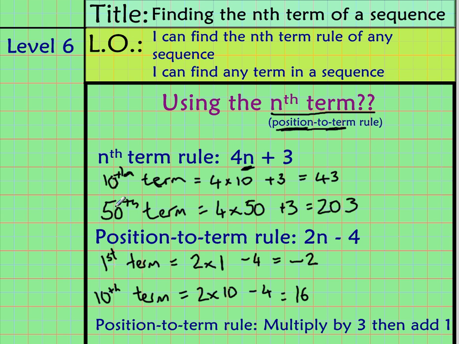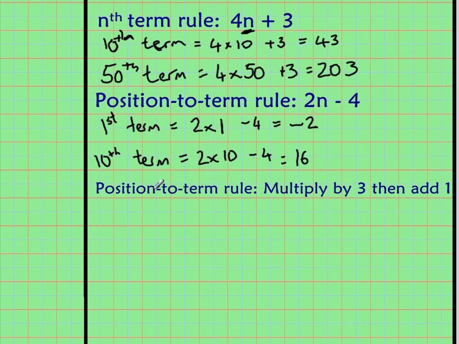Finally, you might get one where actually they spell it out a bit more clearly. They say multiply by 3 and then add 1. Well, if you multiply by 3, that's going to be 3n, and then you add the 1, okay?